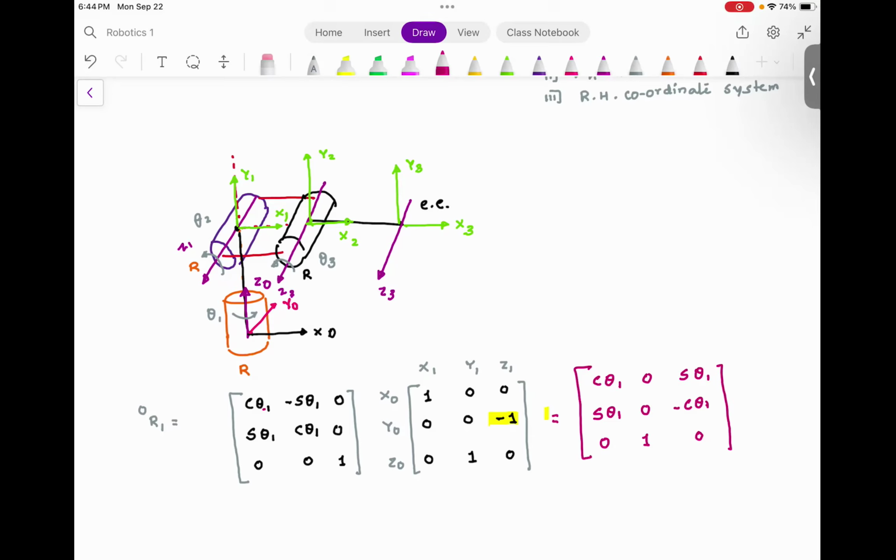For a matrix to be orthonormal, the determinant needs to be unity, and all rows and all columns must be independent. Which means you take any column and take its dot product with any row, it's going to give you 0. So that's why this matrix is called an orthonormal matrix.